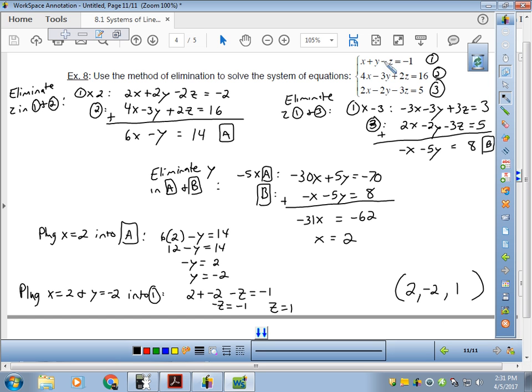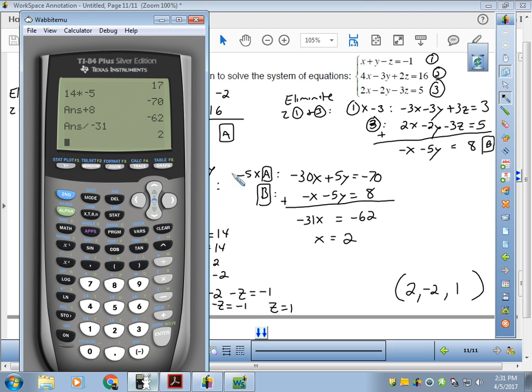I can check it by plugging it into these equations. So if I plug it into this first equation, 2 plus negative 2 minus 1, I get negative 1, which is what I'm supposed to get. Plug it into the second equation, 4 times 2 minus 3 times negative 2 plus 2 times 1.